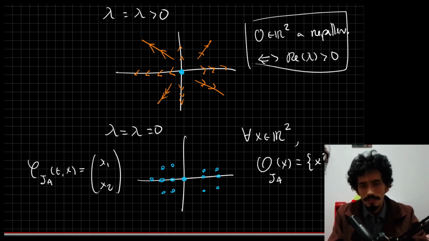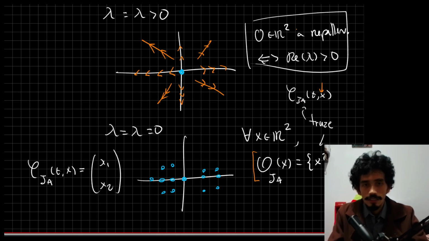So the orbit is the trace of the flux of a fixed initial value. Let me write it. If you fix this thing, then this becomes a function of time t, and the image of the function is the orbit.